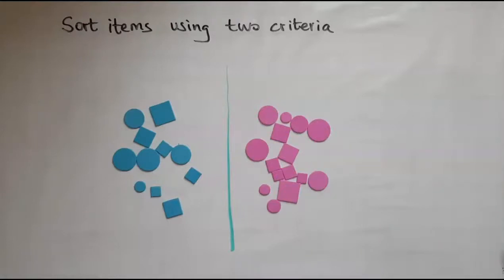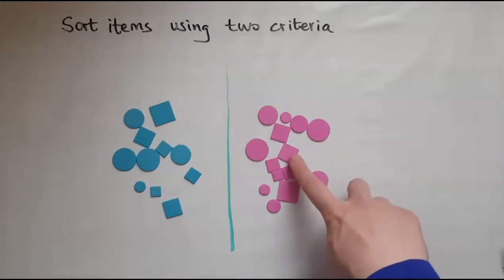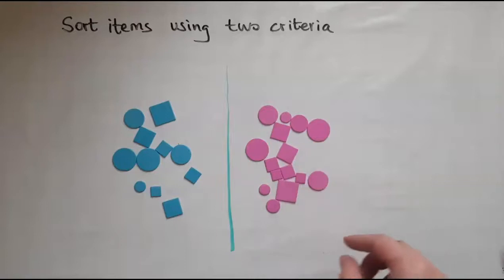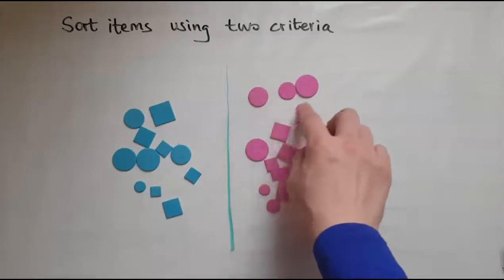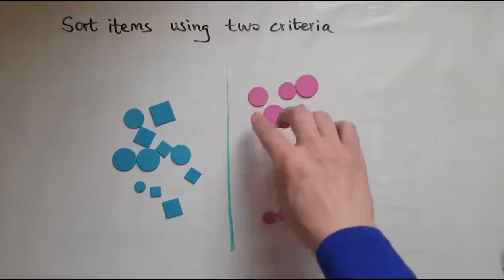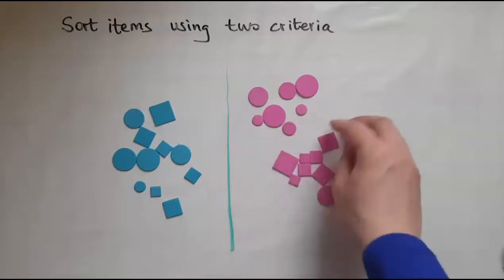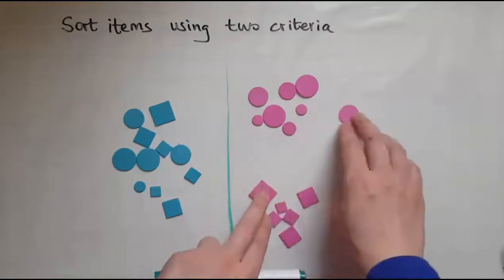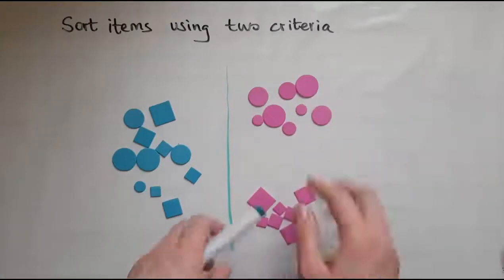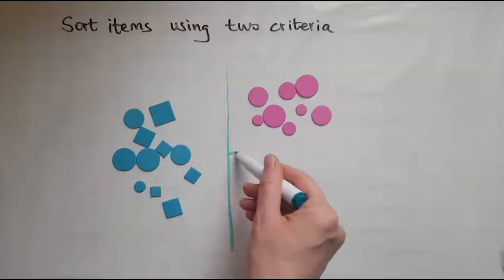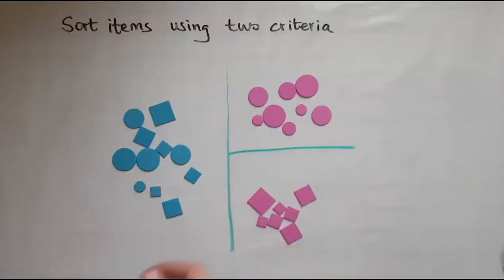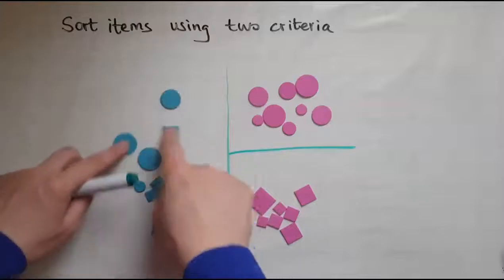Now I can also see that these shapes are not exactly the same. So I've got circles and squares. So I could sort them as well based on that. So I'll separate circles from the squares. And I'll do the same on the other side.